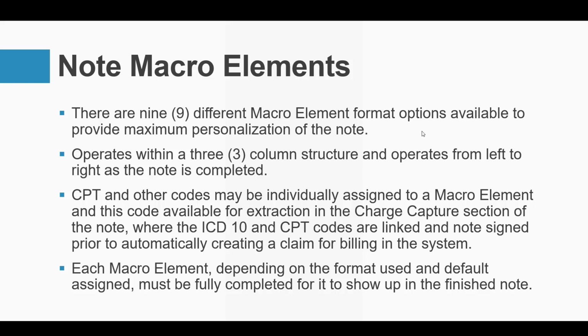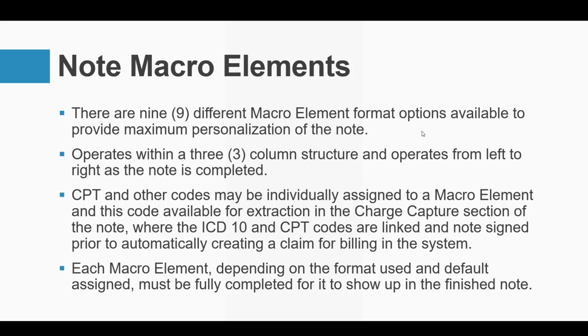Very key from a compliance perspective is to make sure that the patient chart is authentic for the date of service. And this requires the ability to customize that individual note. And through these 9 different macro element format options, it allows you that opportunity to put key information into the patient record that is relevant for that time of service.